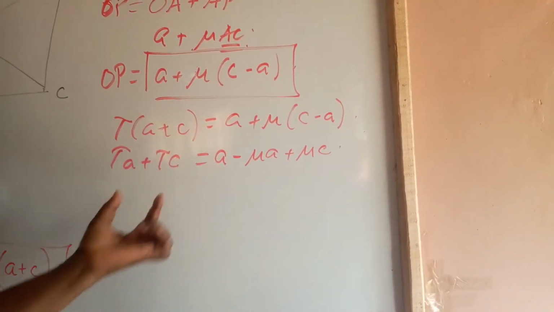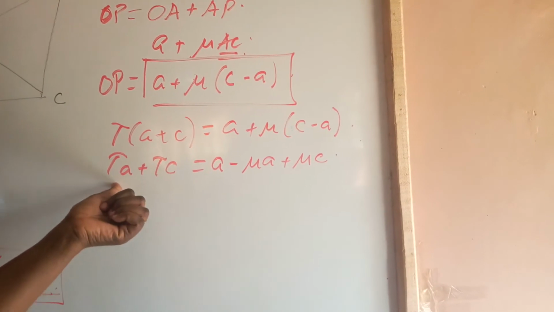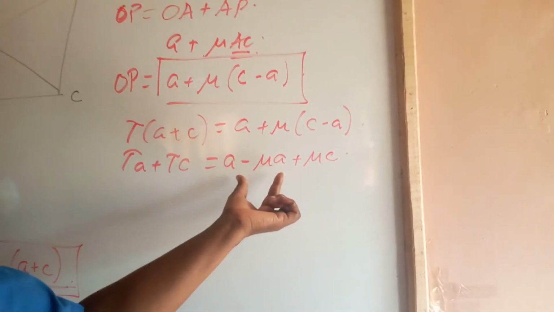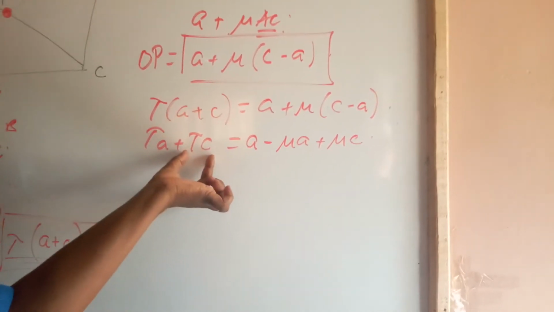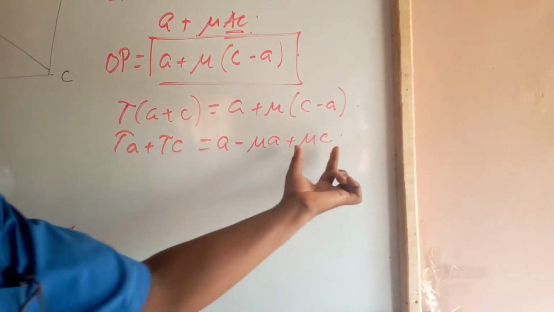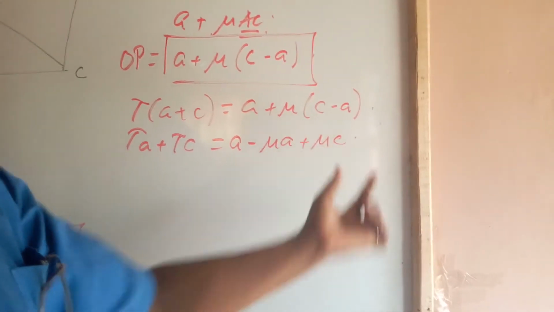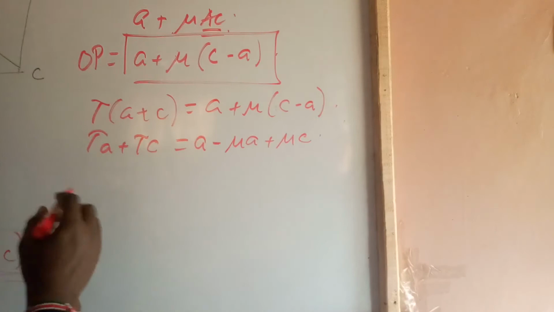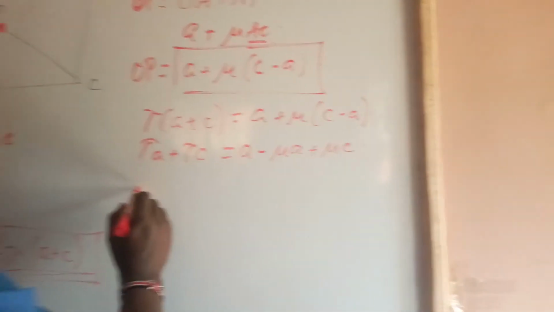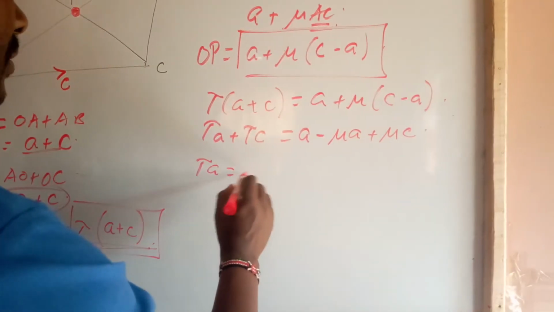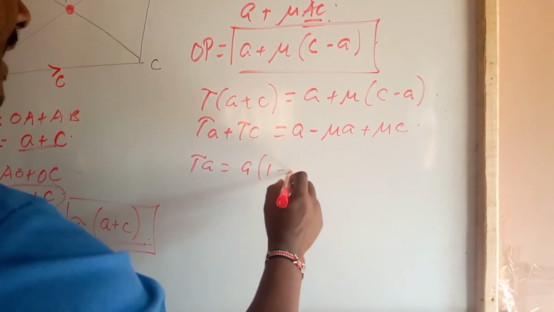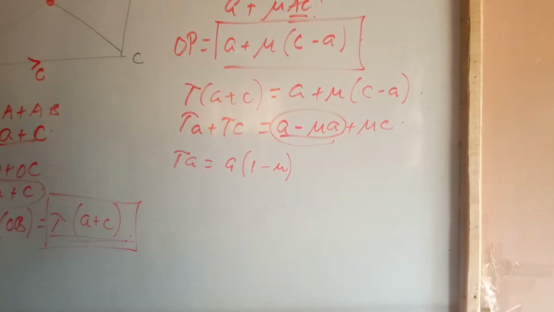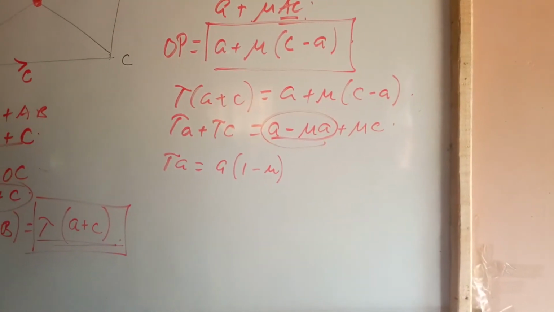all components of a on the left-hand side should be equal to all components of a on the right-hand side, and all components of c should be equal on both sides. We have lambda a equals a (1 minus mu), because if we combine both the a's there.